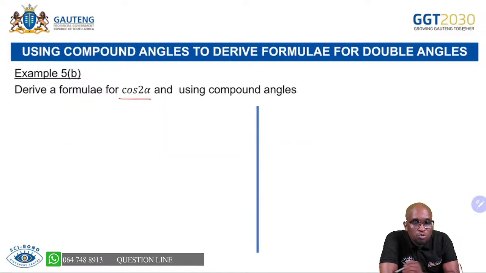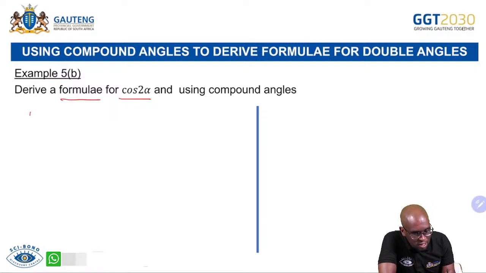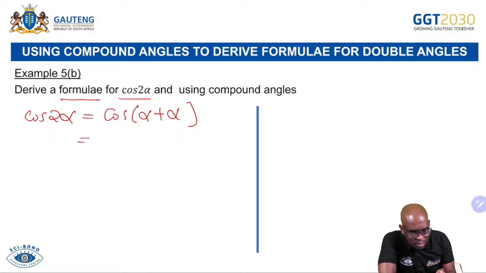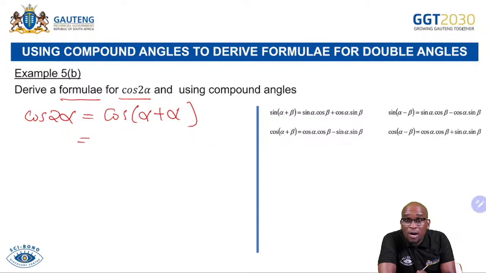Next one, we want to write down the compound angle formulae for cosine 2 alpha. So cosine 2 alpha would be the cosine of alpha plus alpha. So we've expressed 2 alpha as the sum of two angles to form what we call a compound angle. So now this can be written as, let's check in our glossary, the formula sheet.